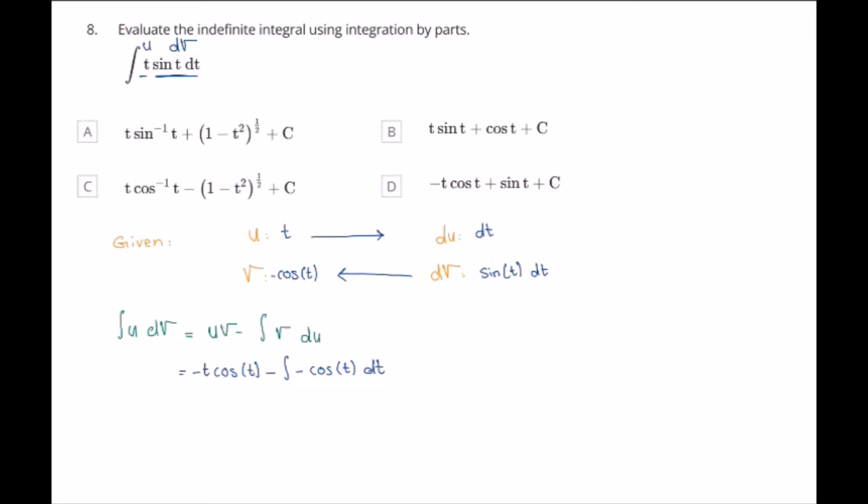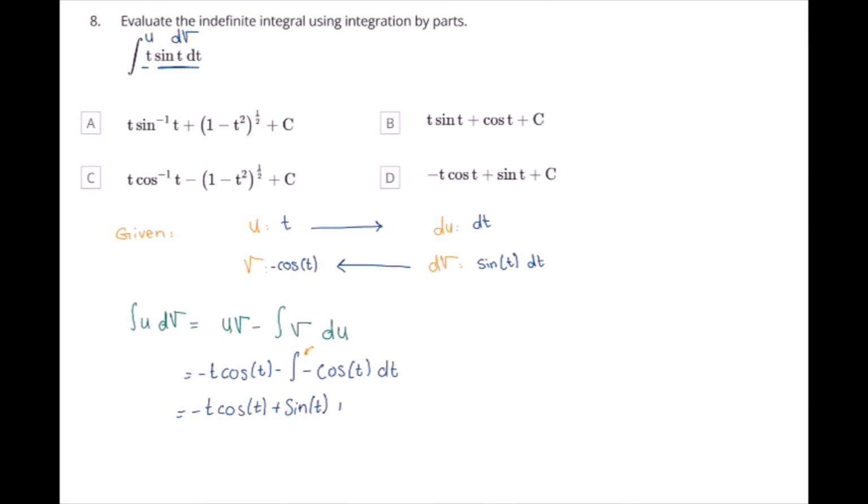Whenever you see the integration sign, this means that we are still not done solving the problem. At first, copy the first one as it is, because we are done with it, and minus times minus equals a positive sign, and we will have to find the integration of cosine, which is going to be sine t plus c. And now we are done solving this integration. The correct option is D.